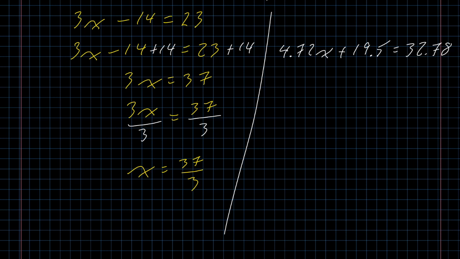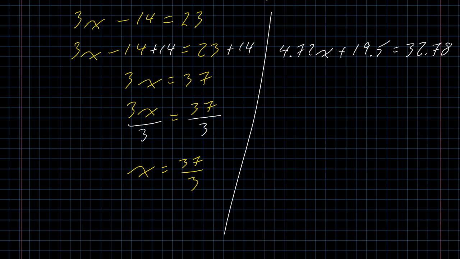So how about 4.72x plus 19.5 is equal to 32.78. Right.